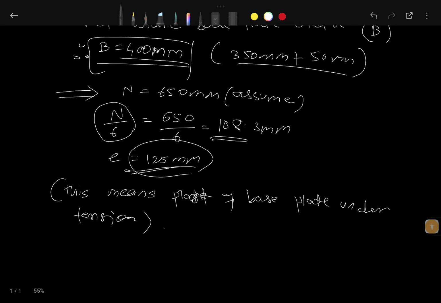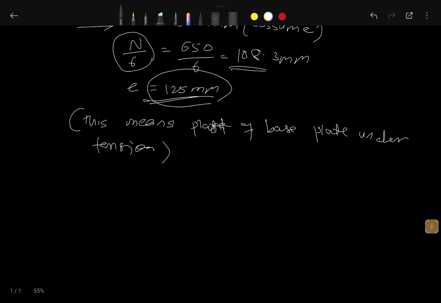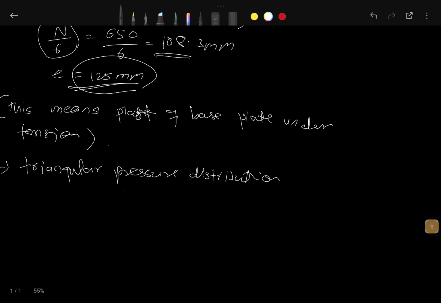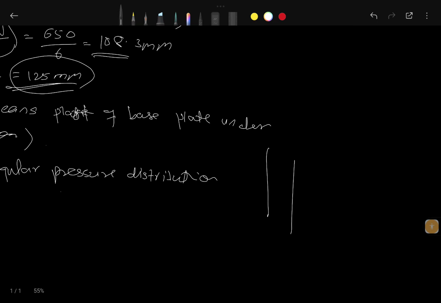That's why we must use triangular pressure distribution with zero stress at one end. Now we go with second point. We generally consider triangular pressure distribution. In that, we consider this base plate and block.